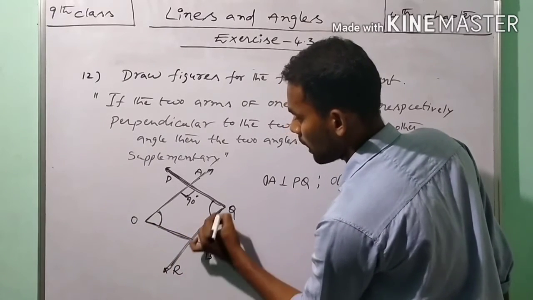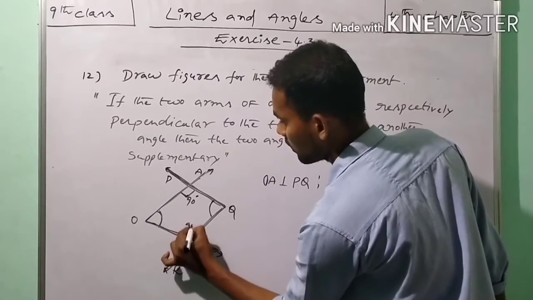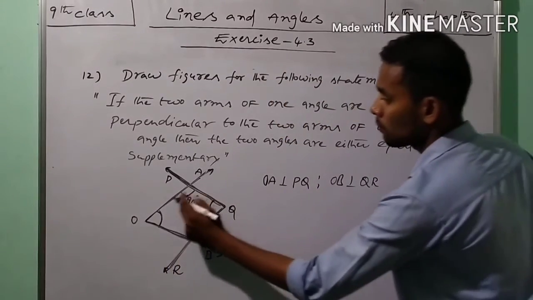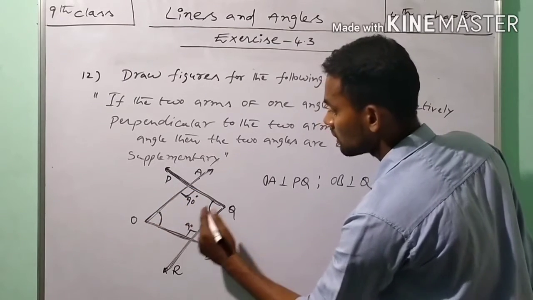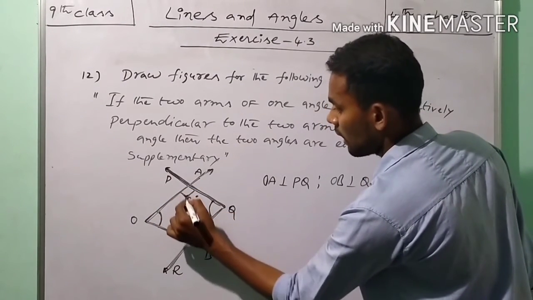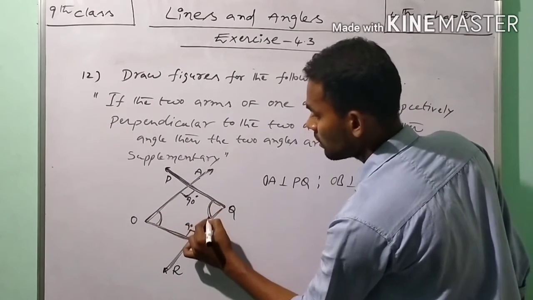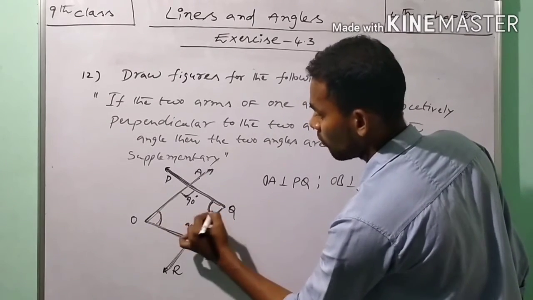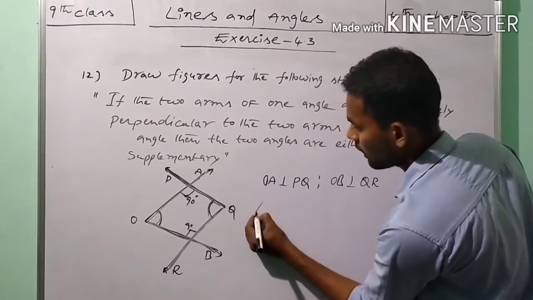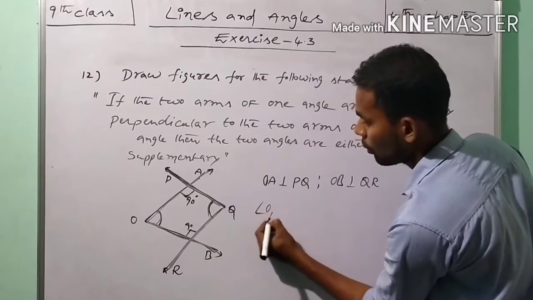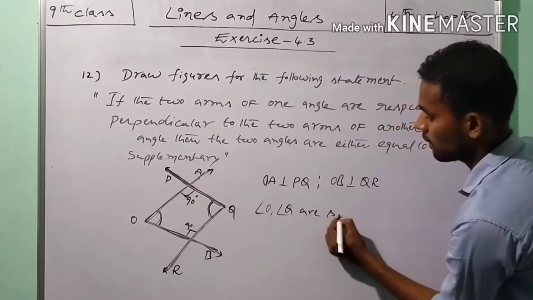OB perpendicular to QR, this angle is 90 degrees. In a quadrilateral, sum of four angles equals 360 degrees. 90 plus 90 is 180 degrees. These two angles sum to 180 degrees. Angle O and angle Q are supplementary.